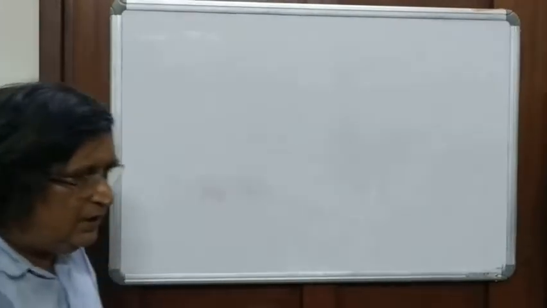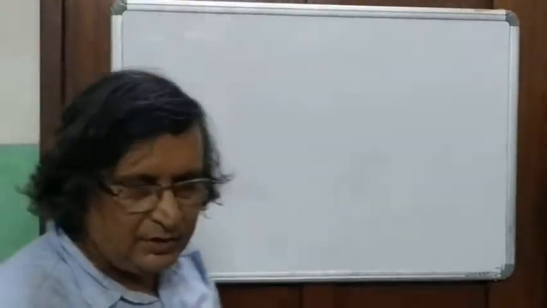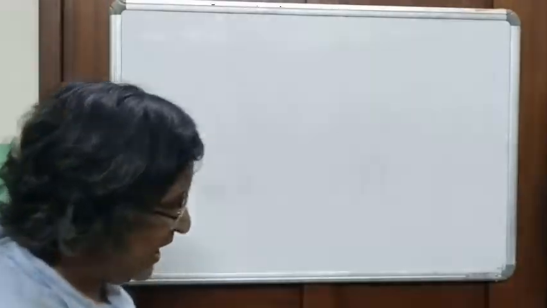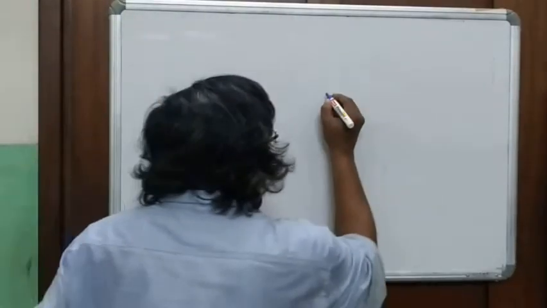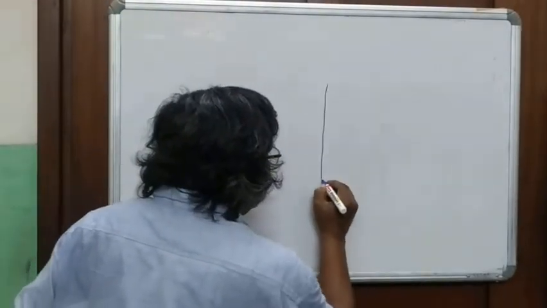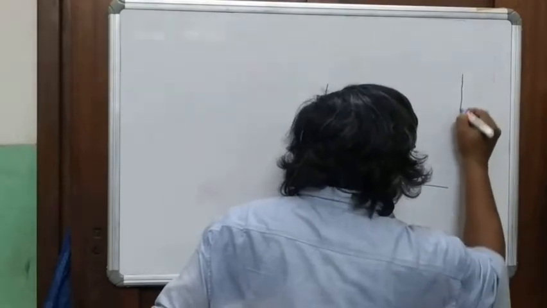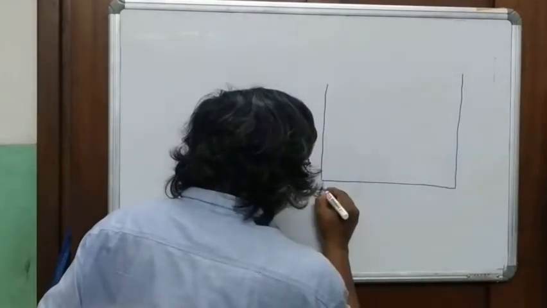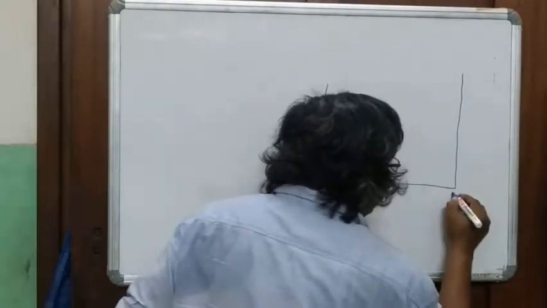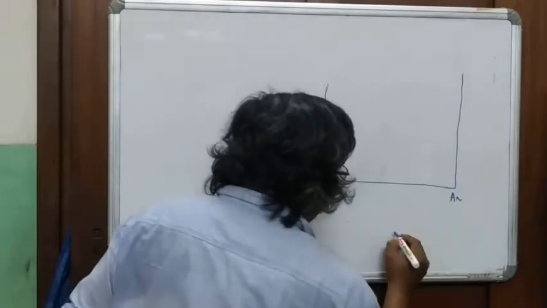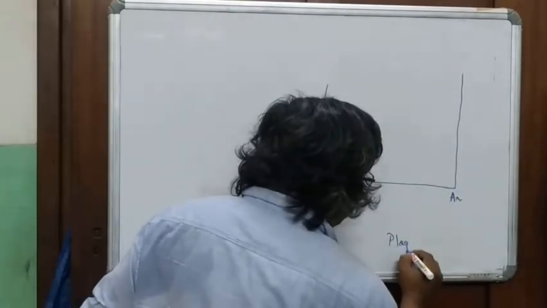Now, we can extend this a little further, and let me draw the diagram that I drew yesterday. So say, for example, here, where you have albite and anorthite, I gave you the compositions before, and the mineral here is plagioclase, as I told you.